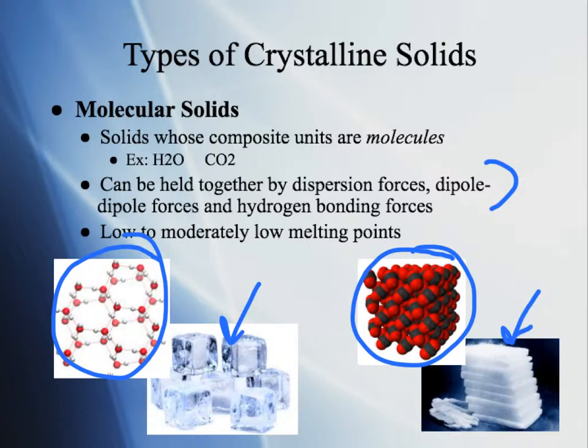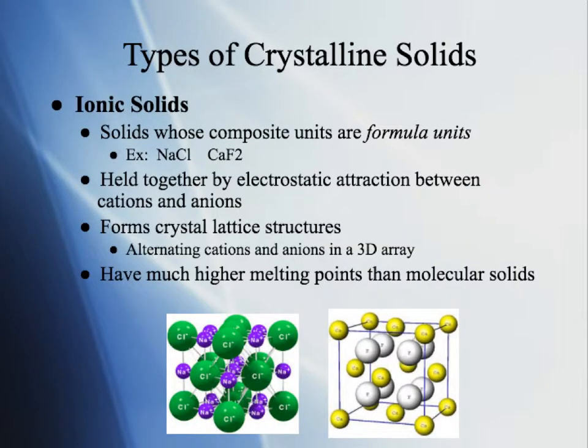We can actually see that when we look at the crystalline structure of both of them. Another type of crystalline solid is, well, if the last one was covalent solids, these ones are ionic solids. These are composed of units that we call formula units, or ionic compounds. They're held together by electrostatic attraction between the anions and cations making up the ionic solid.